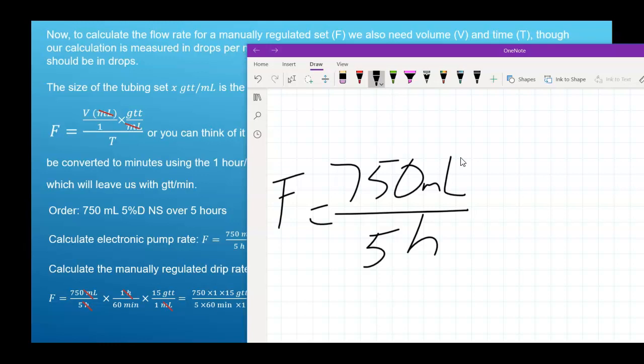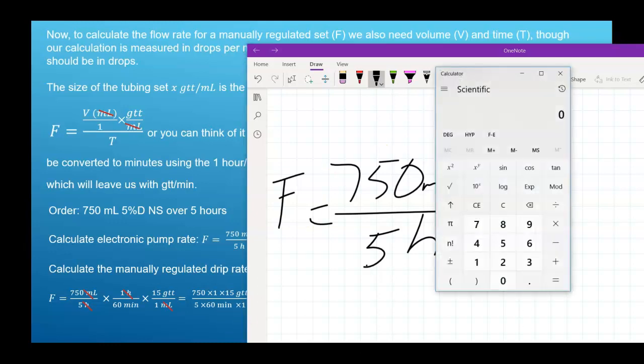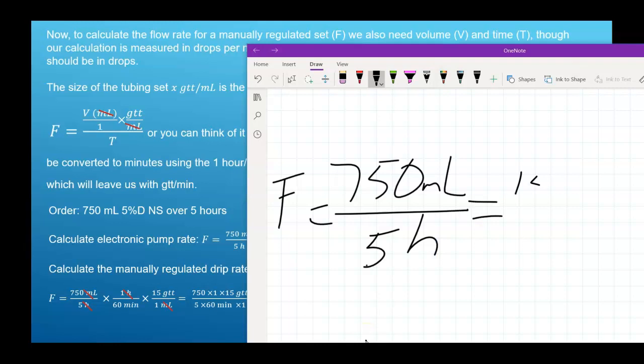So all you do is the division. 750 divided by 5, or 5 goes into 750, how many times? So 750 divided by 5, 150. So that's 150 milliliters per 1 hour.